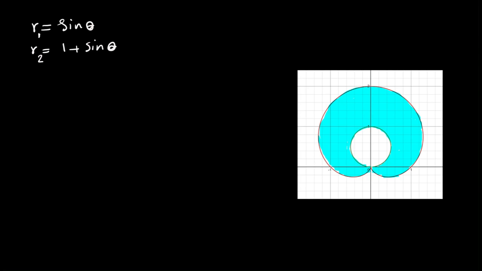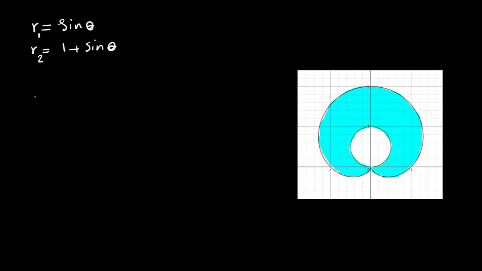When one of the curves is inside the other one, an approach to find the area between these two curves is to find the area of each of them and then subtract.